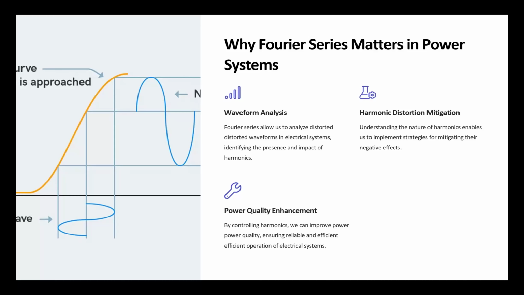Why should we do that? Because as much deviation as we have from our desired perfect sinusoidal waveform means that we are off on power quality. Let me give you an example. Let's say you have an AC motor, an induction motor that works with the output of an inverter.